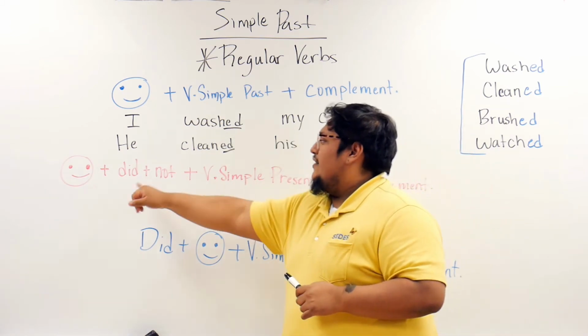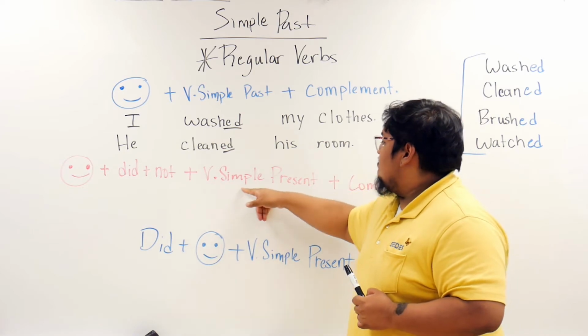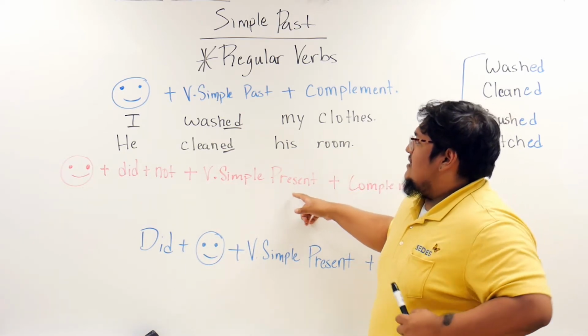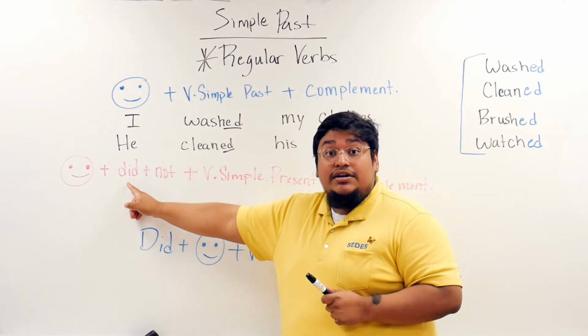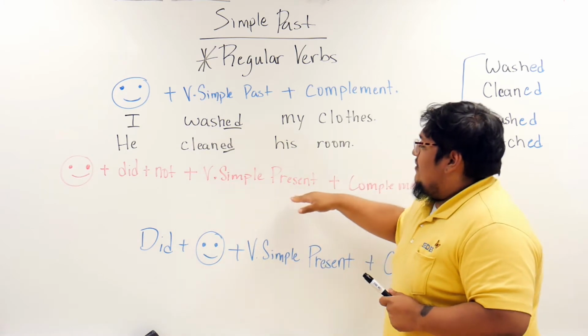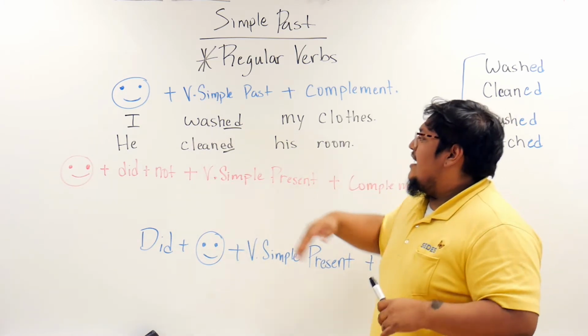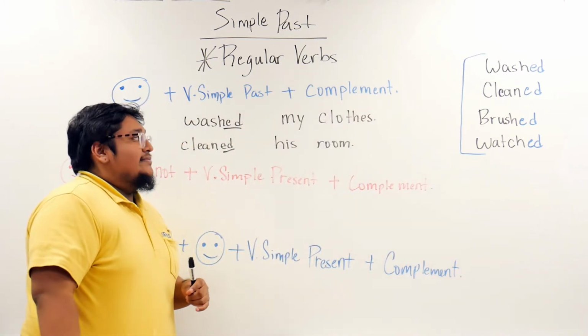Not only do we have auxiliary negation, but look at the verb. It's the verb in simple present. I know we're speaking in the past, but because we have the auxiliary word, my verb has to stay in the present, okay? And then after that, our last thing is our complement.